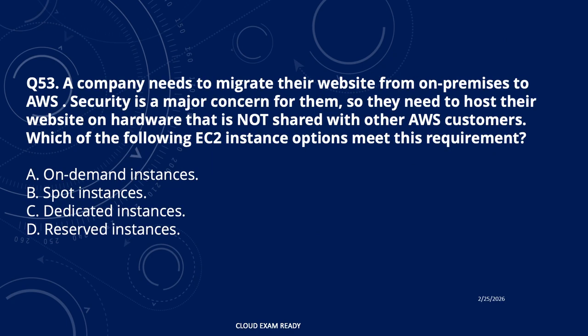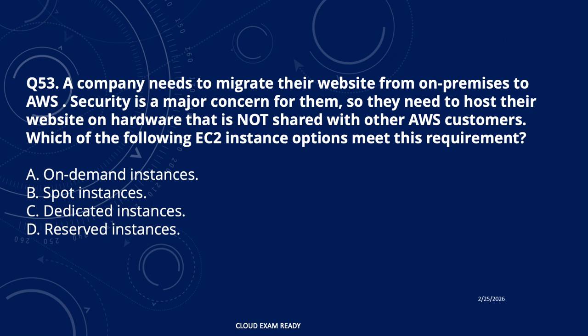Next, question number 53. A company needs to migrate their website from on-premises to AWS. Security is a major concern for them, so they need to host their website on hardware that is not shared with other AWS customers. Which of the following EC2 instance option meet this requirement?